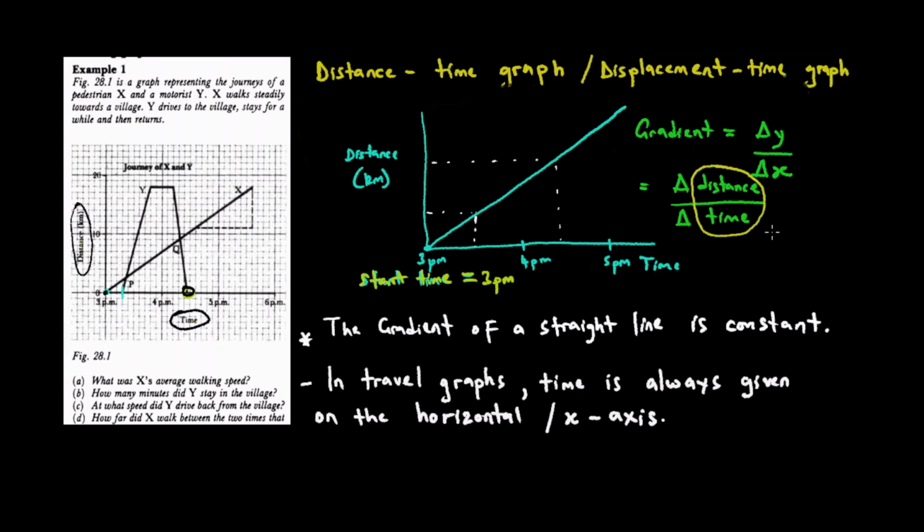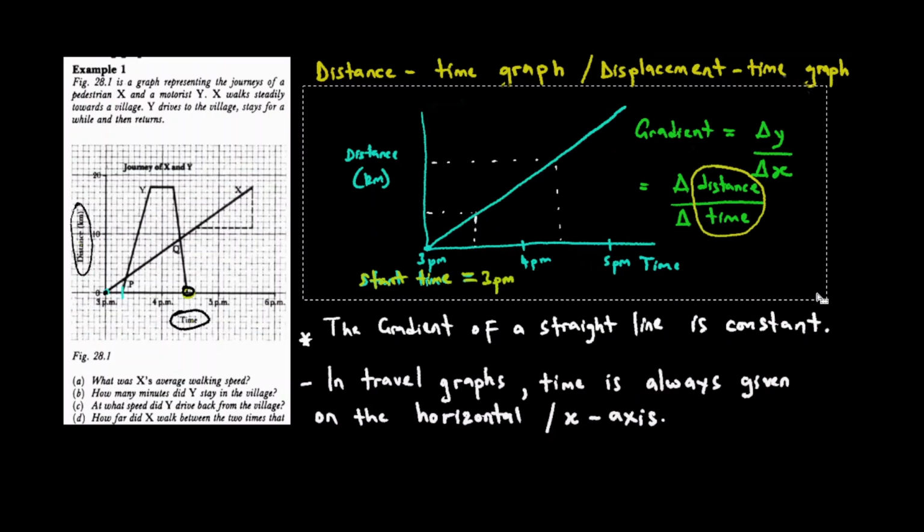So we have constructed our argument. I don't want to just tell you that the gradient of a distance time graph is going to be speed without explaining where it comes from. Now I want to write one note.